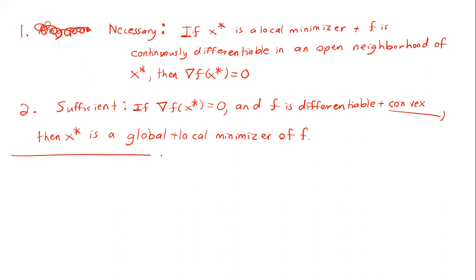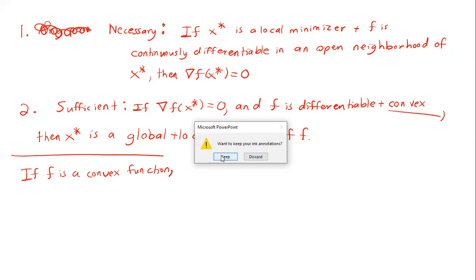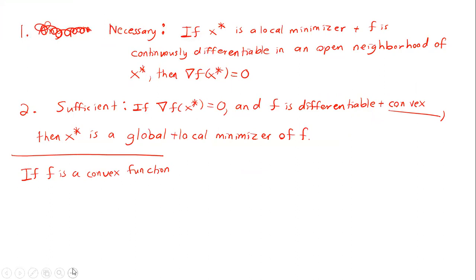And so what this means is that the necessary and sufficient condition that we're looking for, if f is a convex function and differentiable, is the condition where del f of x star is equal to 0, because that's going to be our necessary and sufficient condition to demonstrate that it is a local min.